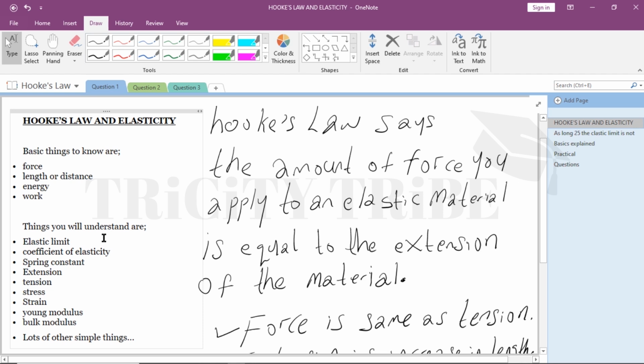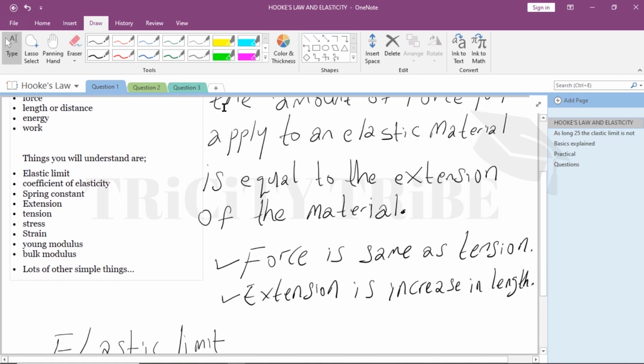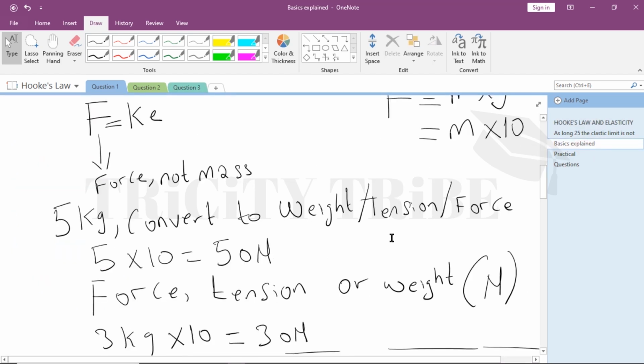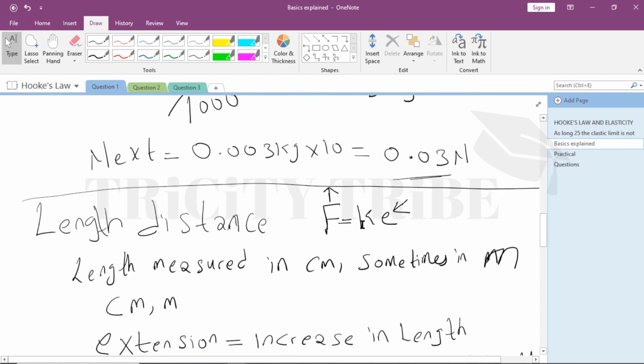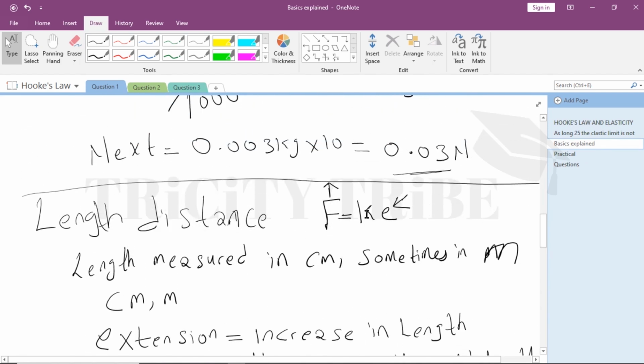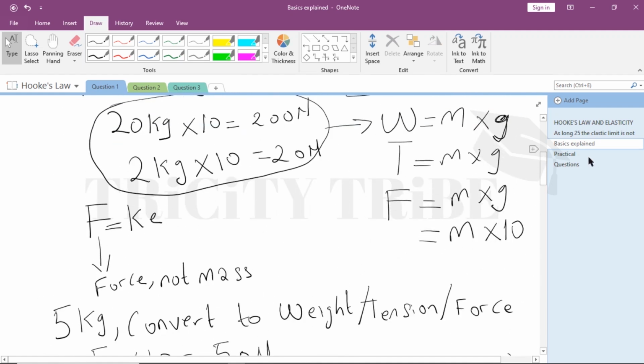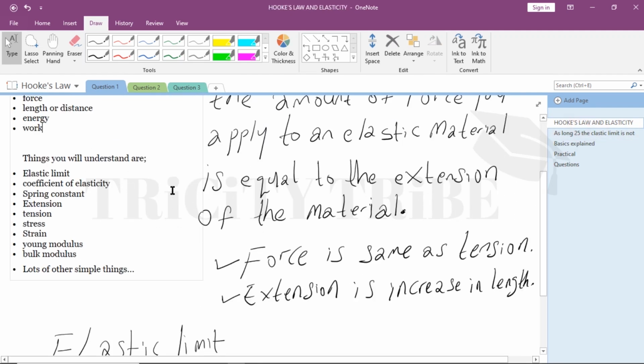Your elastic limit is more or less your... now what's elastic limit? Elastic limit, all right, okay, I'll explain that in the next video to come. I want to solve for you right now, so let me give you a solution to this question.